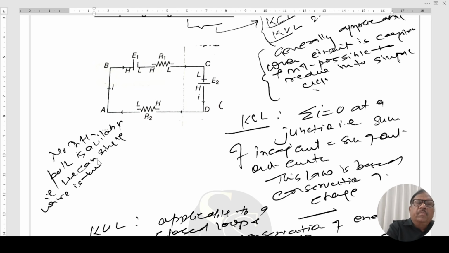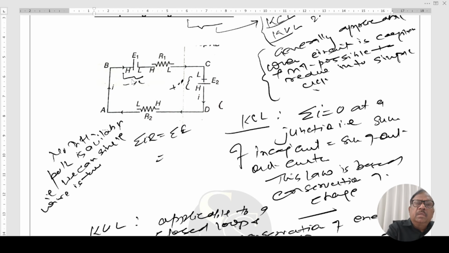Now in this case, current is from higher to lower. Higher to lower we will consider as a negative one. In this case, lower to higher, it will be considered as a positive one. So summation IR equal to summation E.